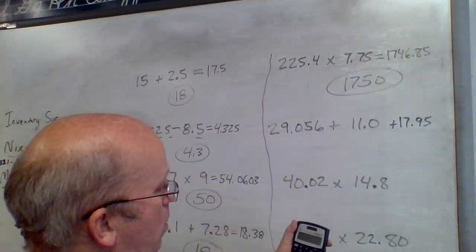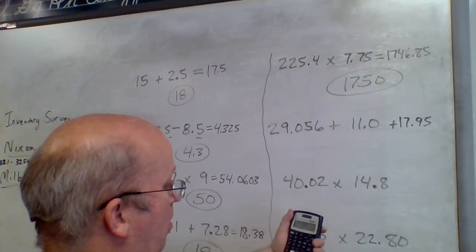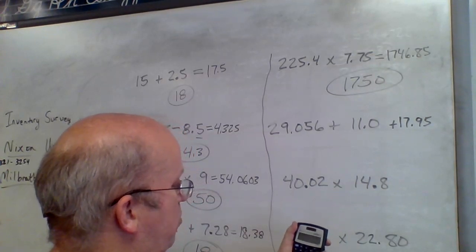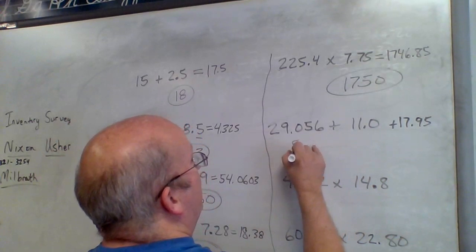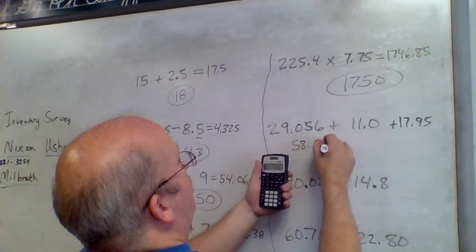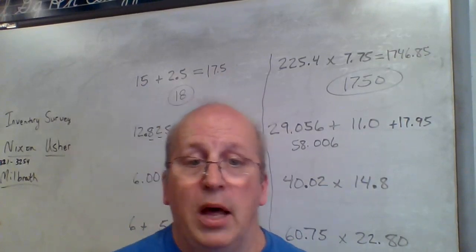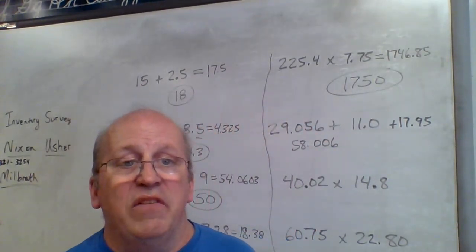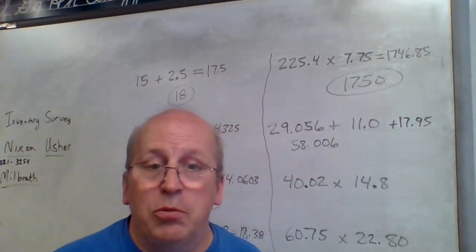Next one, we're back to adding. So we're going to add 29.056 plus 11.0 plus 17.95. And when I do that, I get 58.006. However, we're back to the bottom of 591, and the rules there say we need to find which one of these 3 numbers has the least amount of decimal place values.